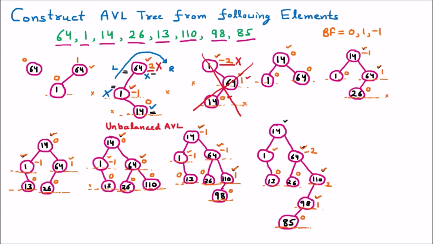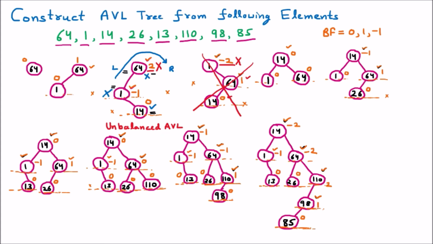So 0 minus 1 is minus 1. So here we are having minus 1. Now we are going to find the balancing factor of node 14. So here on the left we are having 1 and 2, 2 height is there. On the right we are having 1, 2, 3 and 4. So here 2 minus 4 is minus 2.